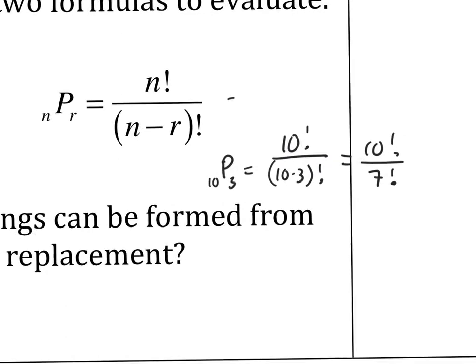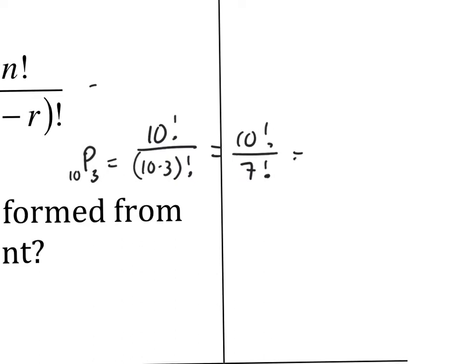And as we saw earlier, 10 times 9 times 8 times 7 factorial divided by 7 factorial. And the 7 factorials drop out, and we're left with that.